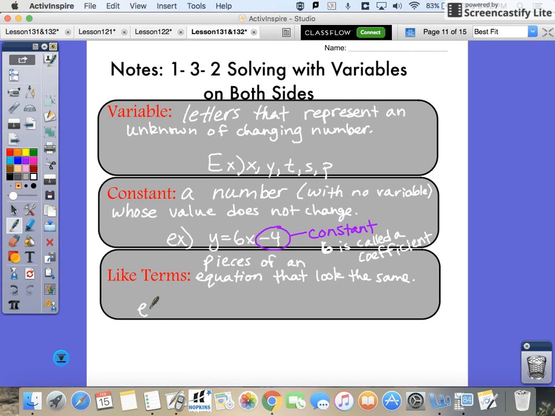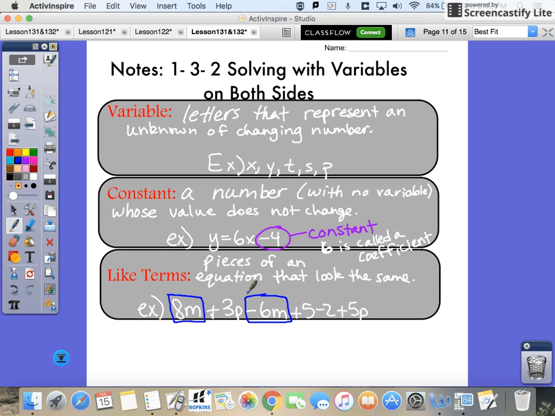So for example, if I put down 8m plus 3p minus 6m plus 5 minus 2 plus 5p, just as an example, the like terms would be the things that look the same. So for example, 8m and negative 6m, those look the same.